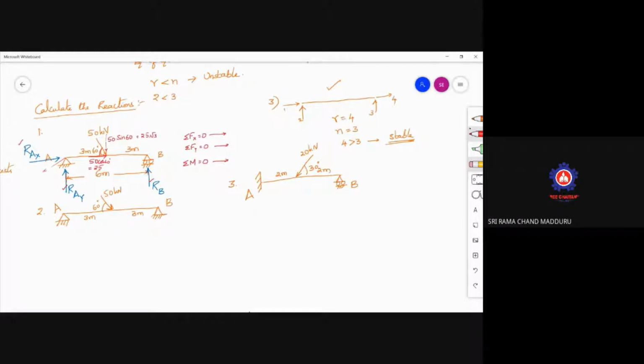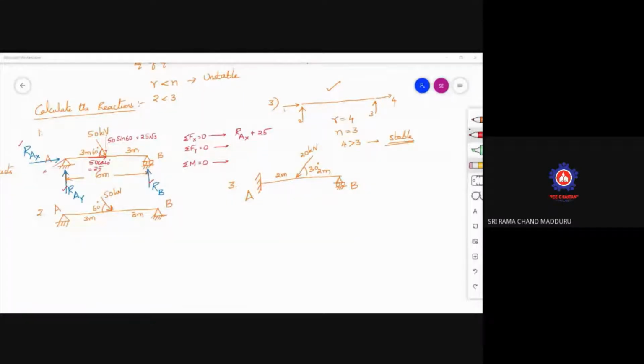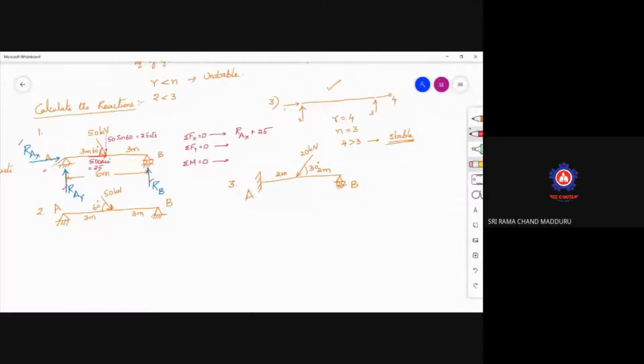Now, when you write sigma Fx is equal to 0: RAX plus the 50 cos 60, which is also acting along the x-axis, plus 25 is equal to 0. So RAX is minus 25.